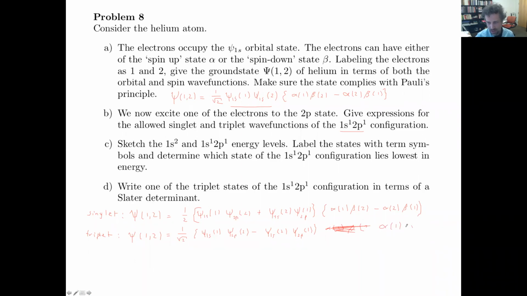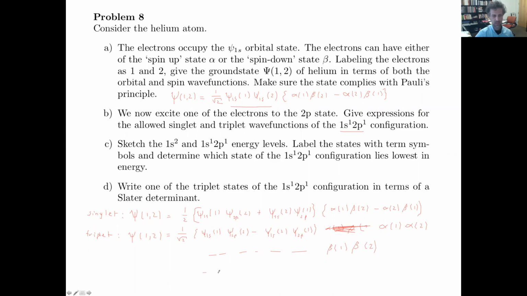Alpha 1, alpha 2. This is the first symmetric spin state, so that's the first triplet state. What is the second triplet state? The second triplet state has exactly the same orbital state, but a different spin state, namely beta 1, beta 2. So that is another one.